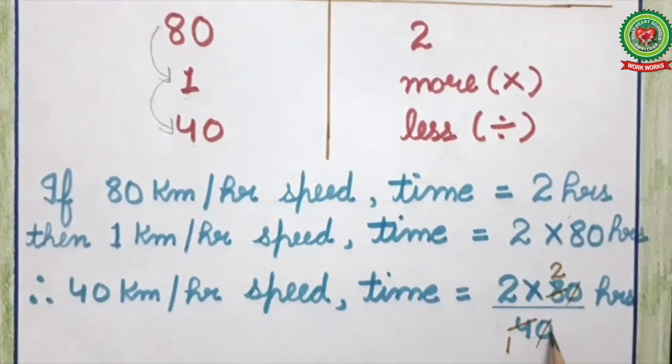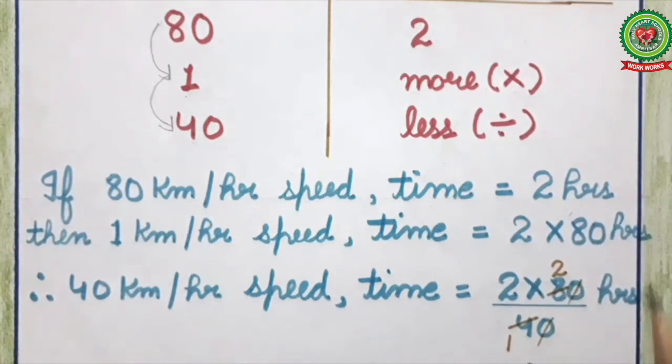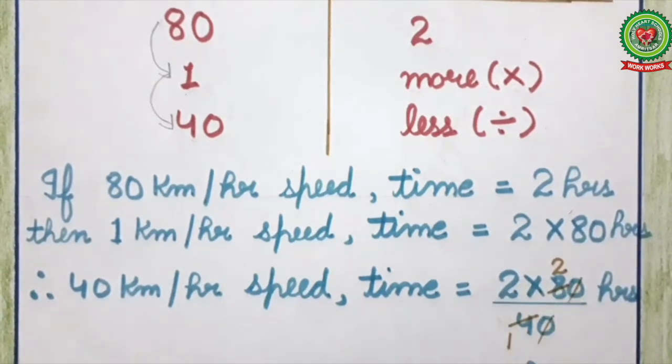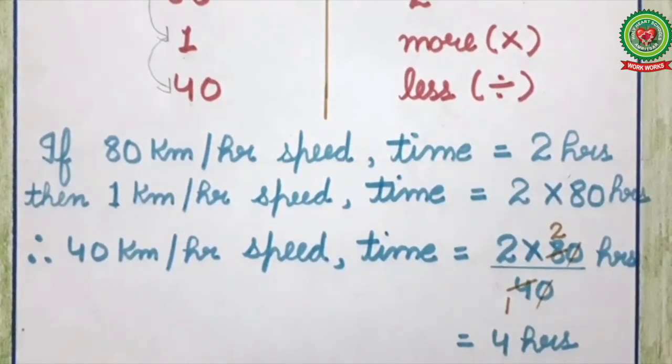On simplification, 0 cancels with the 0. 4 and 8 come in the common table: 4 ones are 4, 4 twos are 8. We are left with 2 multiplied by 2, which is equal to 4 hours. That is our required answer.